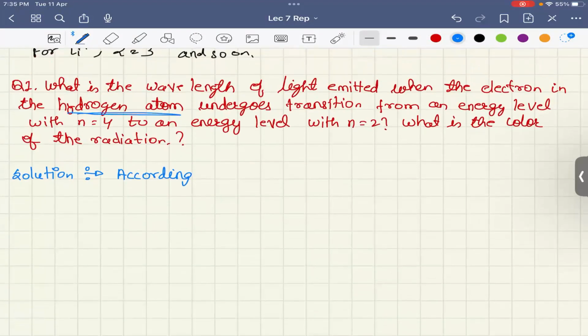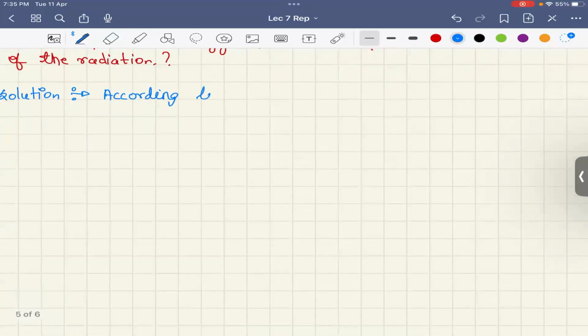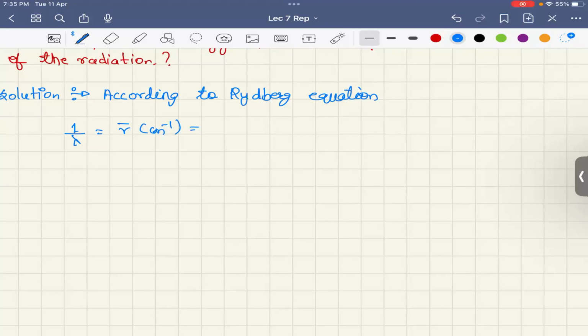What we have is, we are going to solve it based on the hydrogen atom, right? So according to the equation, 1 by lambda, which is nu bar in centimeter inverse, is nothing but R into 1 by n1 square minus 1 by n2 square.